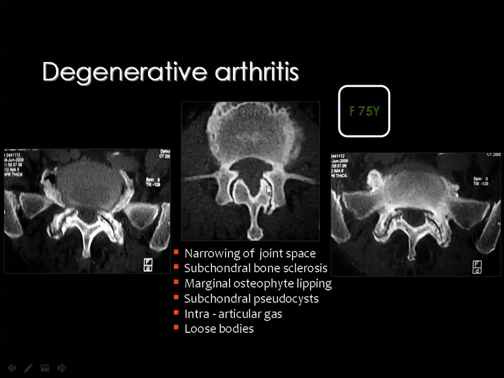You can compare this joint, which is showing osteoarthritic changes, with this almost normal joint. And in the osteoarthritic joint, you can see narrowing of the joint space, subarticular bone sclerosis, osteophytic lipping of the articular surfaces, and interarticular air, as well as minute subarticular pseudocystic changes.